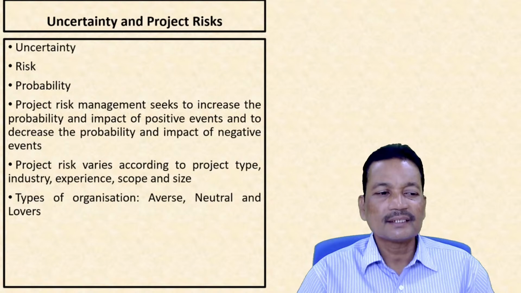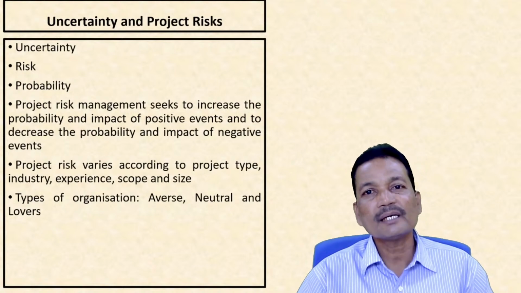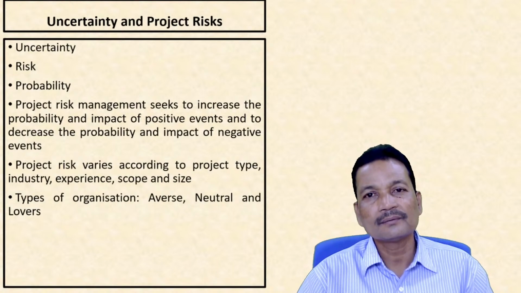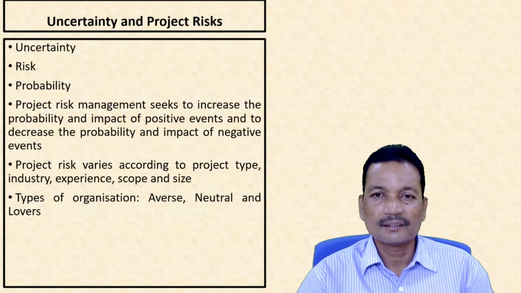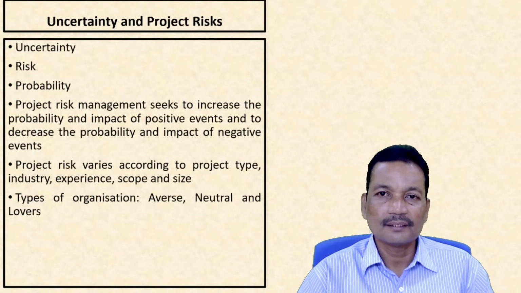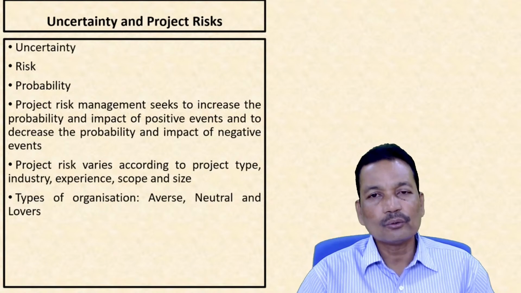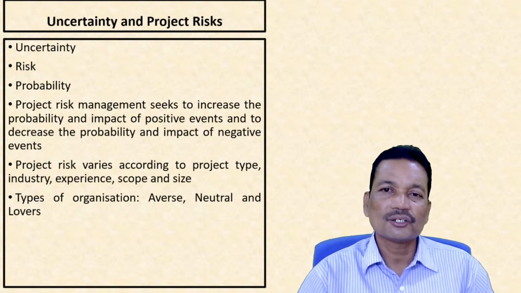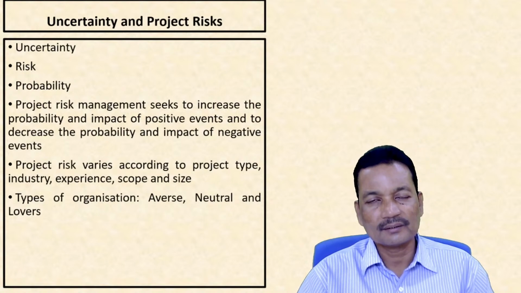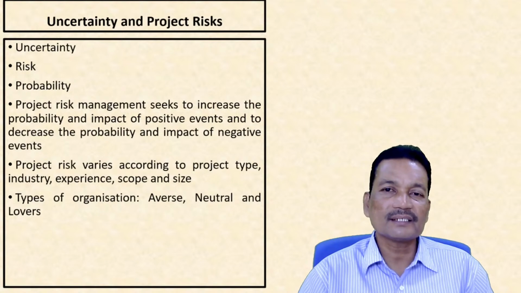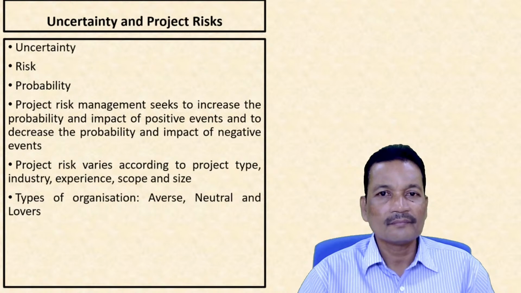Now, another thing is types of organization. Organizations go for projects, yes, but they try to look at how much they are getting out of the project. That means what benefits will accrue to them from the project.